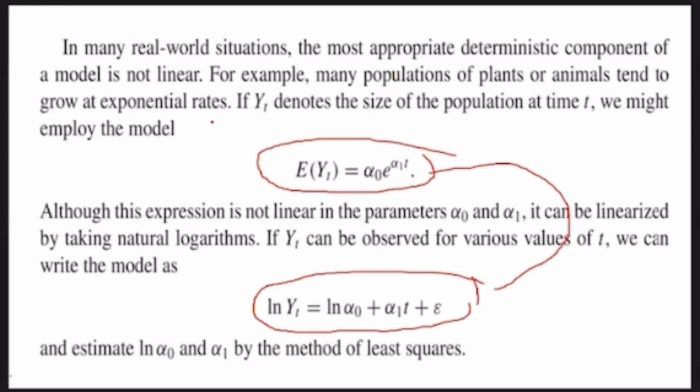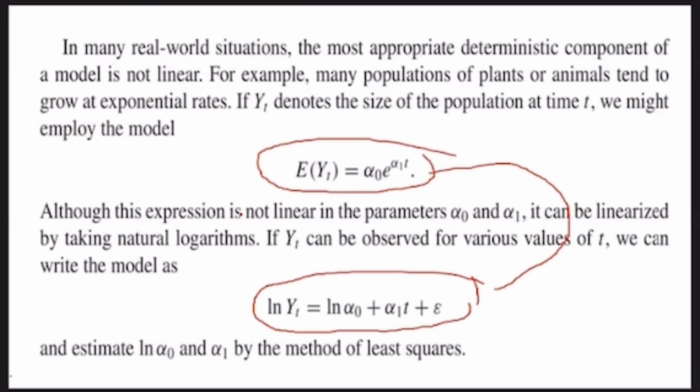When a population is growing according to time, which means one of the major factors determining the population is time. And that is why time is going to be the independent variable.